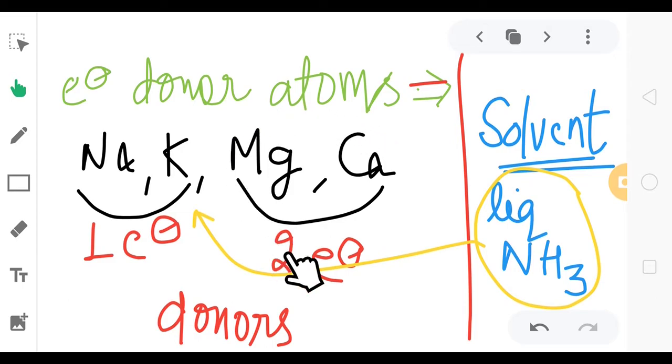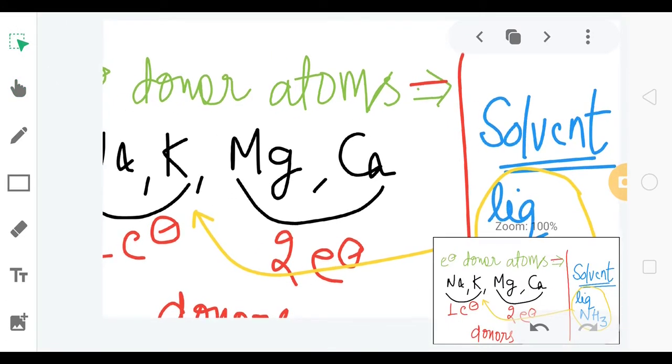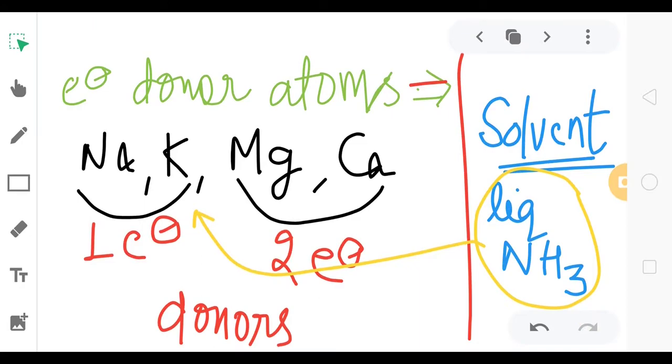But in the Birch reduction, we use sodium, that means one electron. Sodium is a one-electron donor, and liquid ammonia is the solvent where sodium donates one electron, that electron gets solvated, and it reduces our substrate. Let's see how this reaction goes.